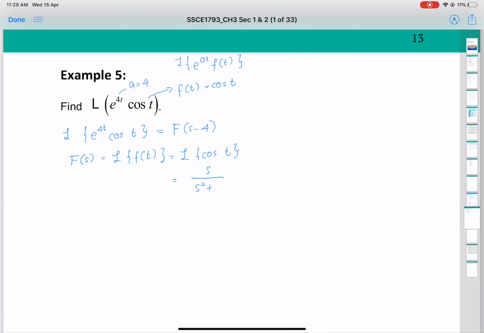Alright, in the Laplace table, it is written s over s square plus a square. But you must know that a is not this a. It depends on this a now. So your a here is equal to 1. So s square plus 1. Again, be careful, not the a from the exponential form. The a must come from the cos itself. So you have s square plus 1.